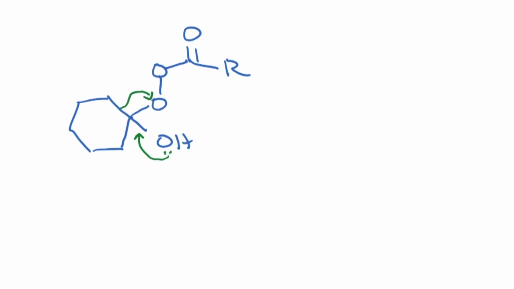The carbon-carbon bond attacks this oxygen, and you have an excellent leaving group in the form of a carboxylate ion, so you can imagine that this leaves as carboxylate.